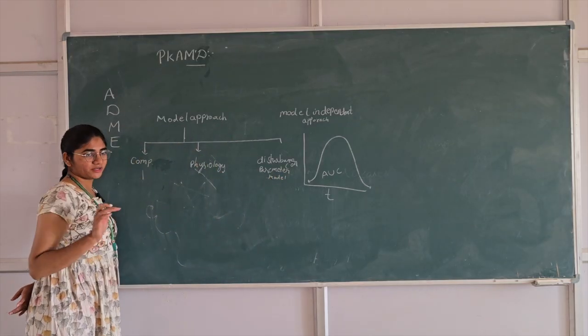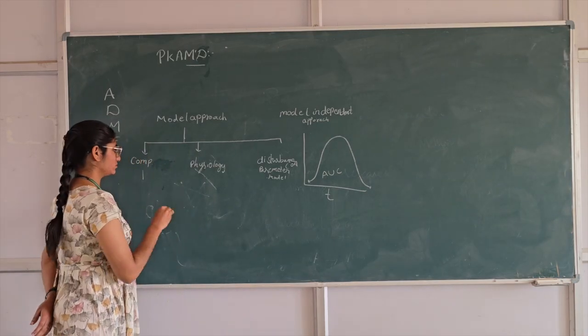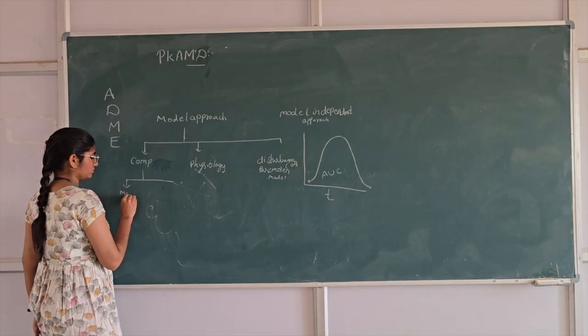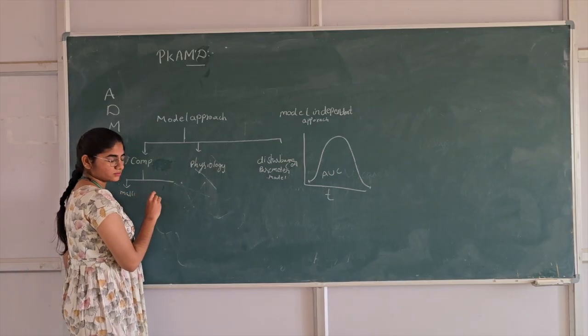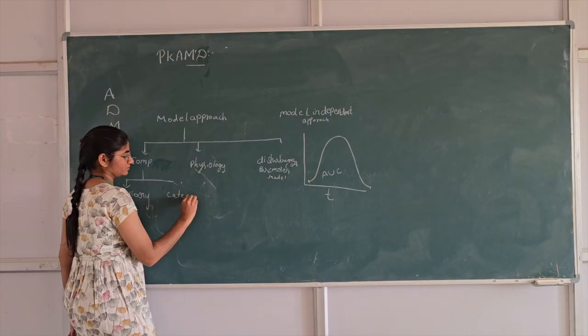Again, in the compartmental model, based on the arrangement of compartments, we have two: mammillary and catenary.